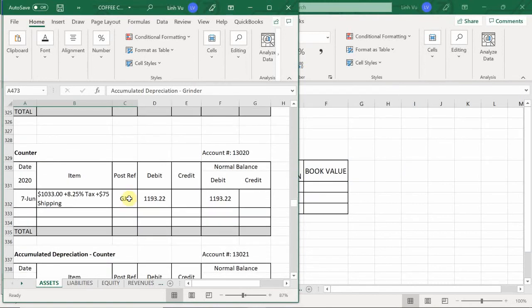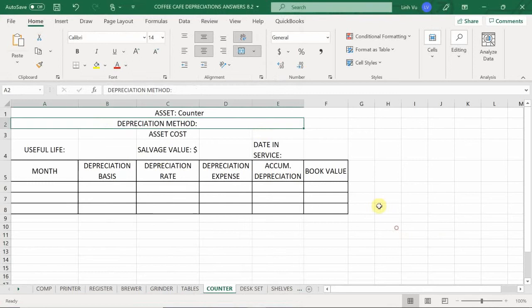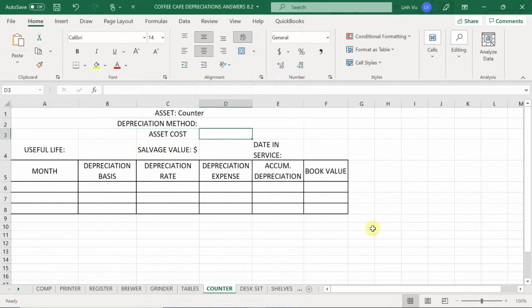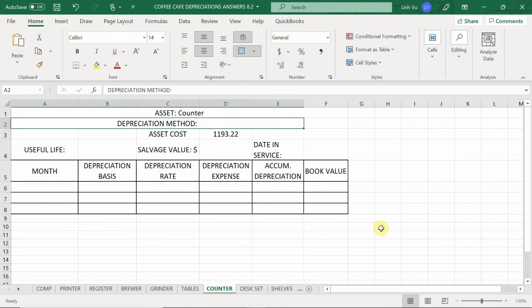Here we are at the ledger for the counter. How much is the counter? 1,193 and 22 cents. And we're doing straight line.